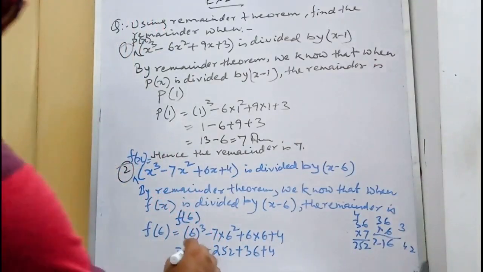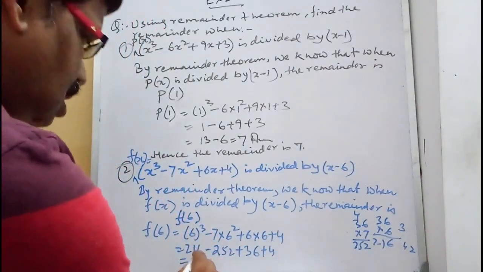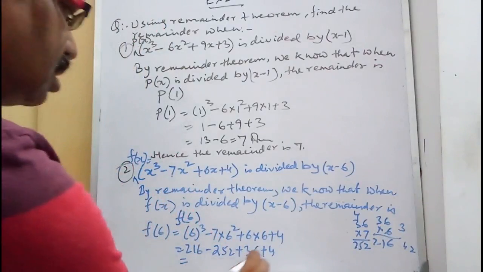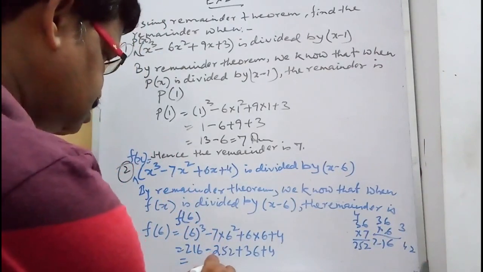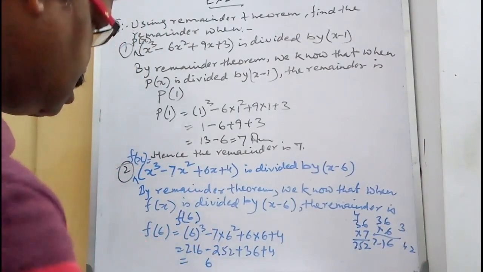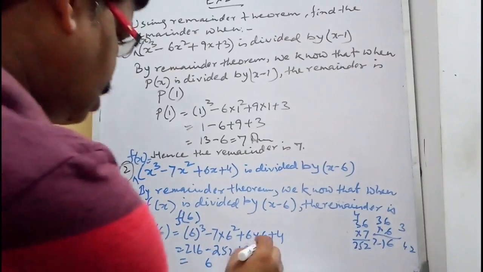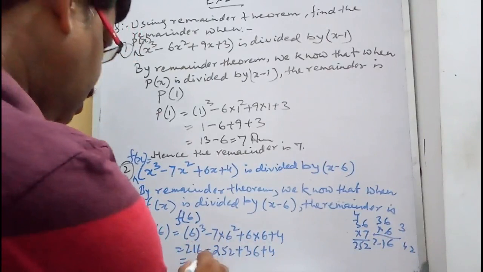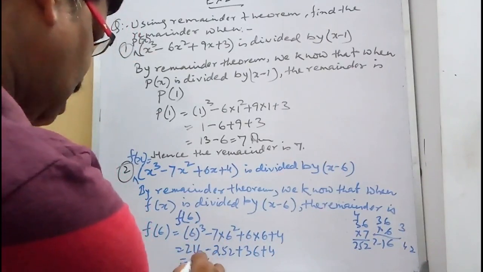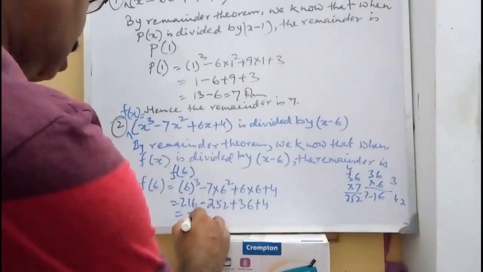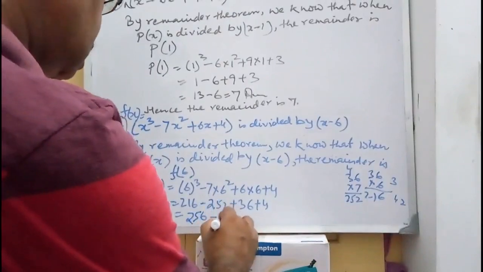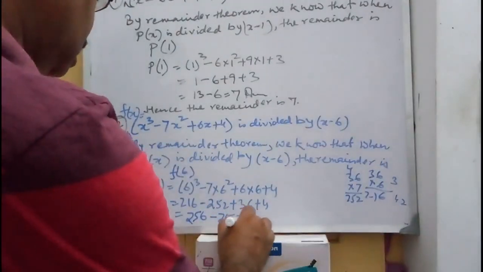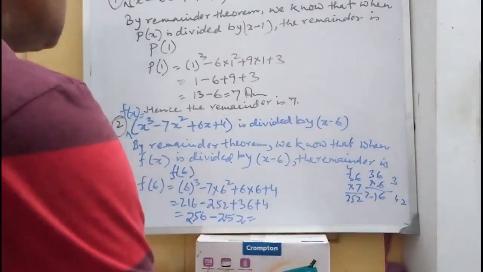Now add these: 216 plus 36 plus 4 is 256. Minus 252. Now subtract it.